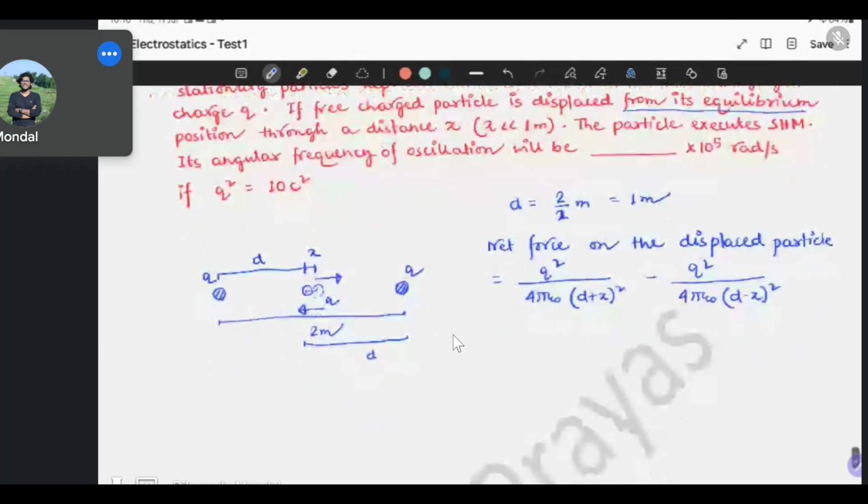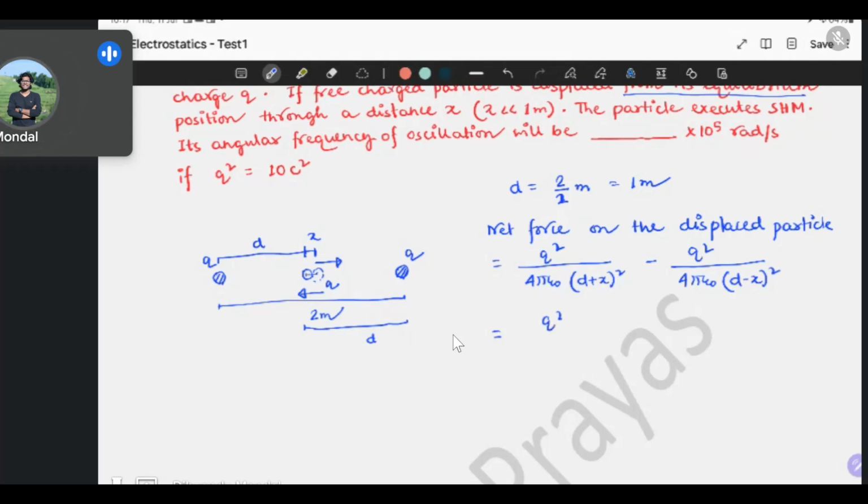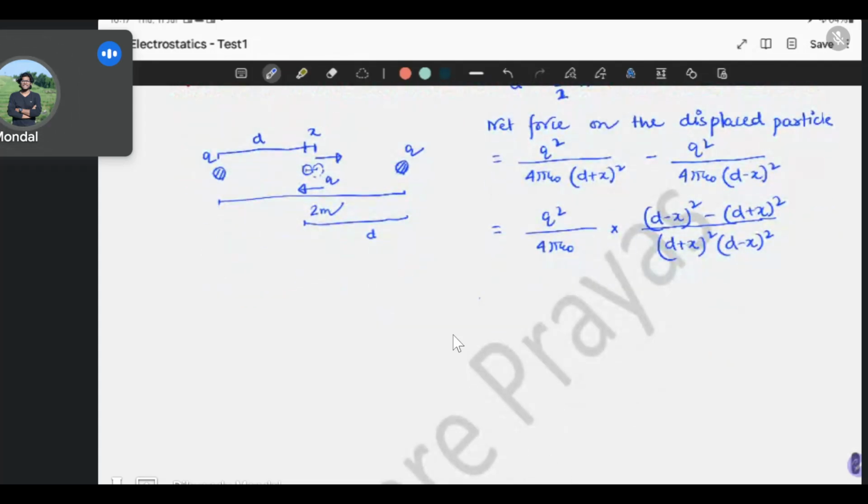Doing the calculation, we get (d minus x) whole square minus (d plus x) whole square, which gives minus 4dx. So the force is minus q square times 4dx divided by 4 pi epsilon naught (d square minus x square) whole square.